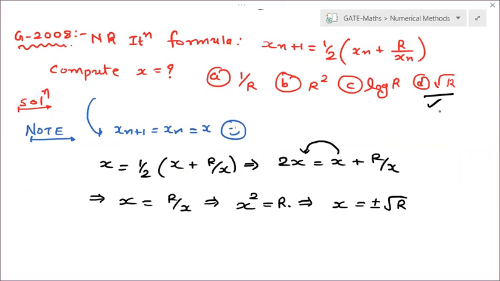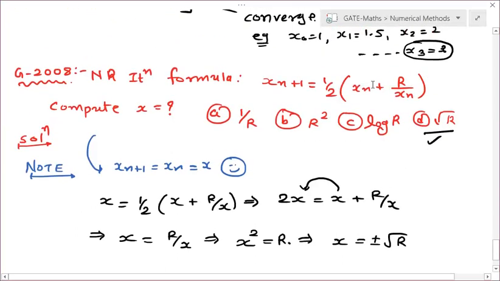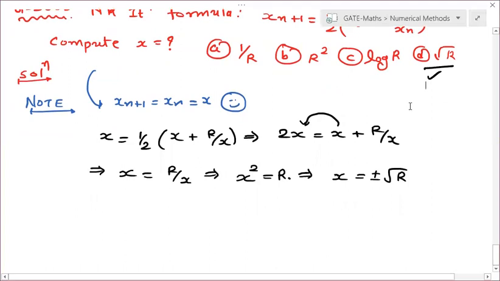So this is your thumb rule. Or if you observe over here, this is your formula (xn square plus r) by 2xn. If you observe, from that formula also you can see this is the formula for x equal to root r. But better you use this method only.